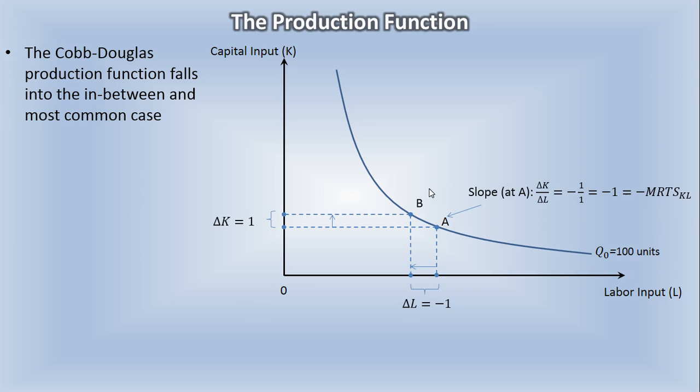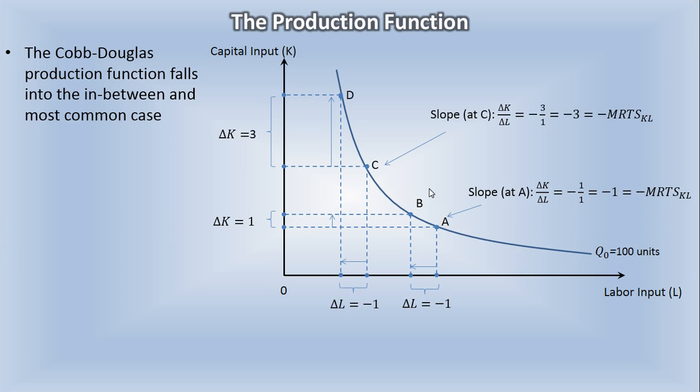So if they want to continue producing the same amount of output, but they want to use a little bit more labor, then in this case, they have to increase the amount of capital by 1 unit to replace 1 unit of labor at that point, from point A to point B. So the marginal rate of technical substitution is just equal to 1 between these 2 points. But let's say the firm then wants to get rid of 1 more person and increase their capital.